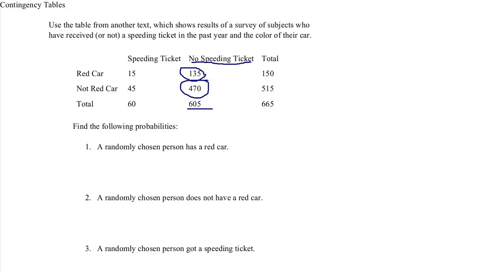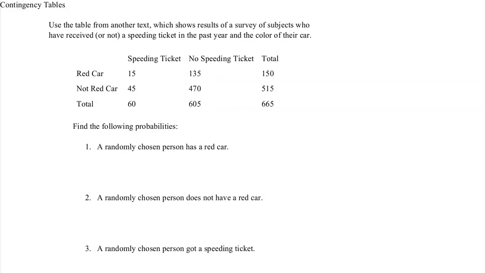In the last column, we have the totals for how many people had red cars. Red cars, we had the 15 with speeding tickets, plus the 135 without speeding tickets. 150 people had red cars. The total number of people who did not have red cars: 45 who got speeding tickets, 470 who didn't, for a total of 515 without red cars.